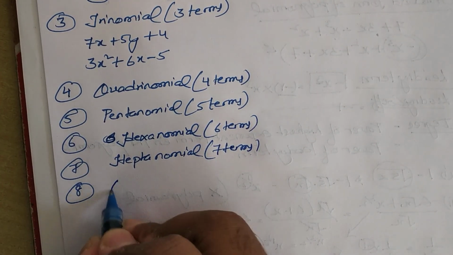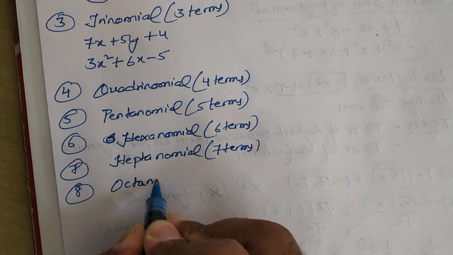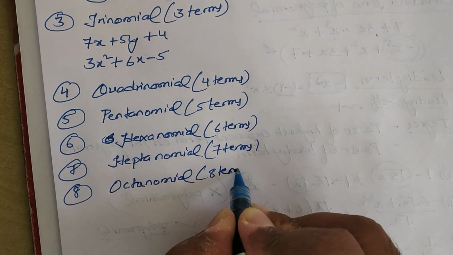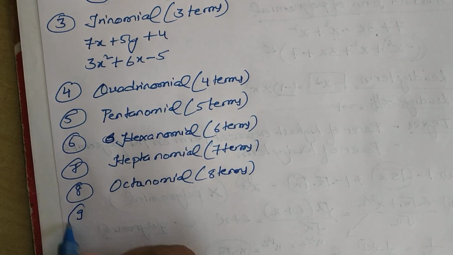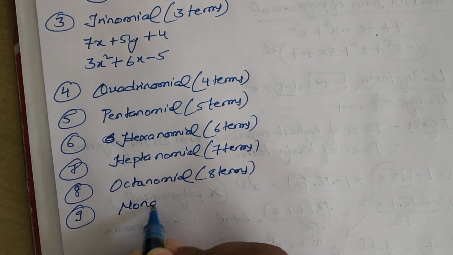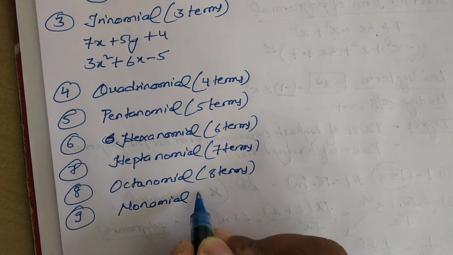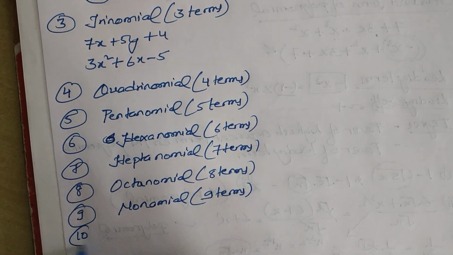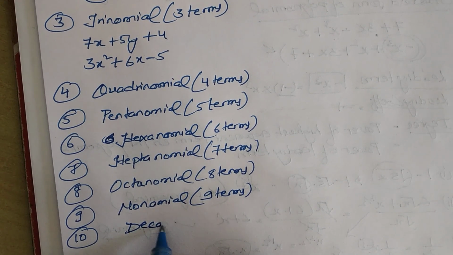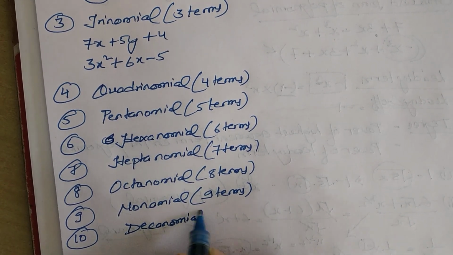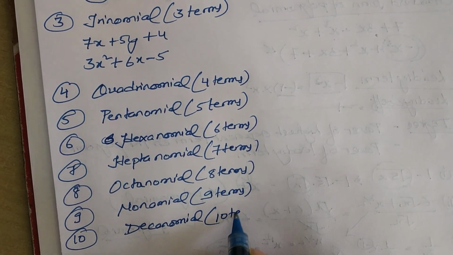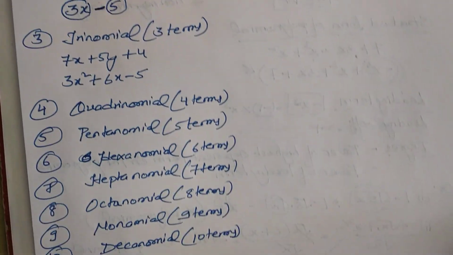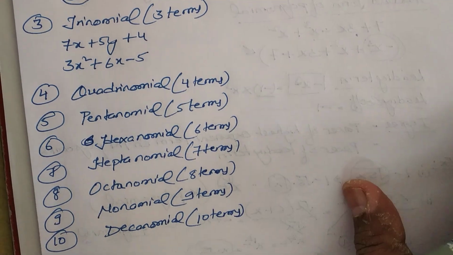Next we have octanomial, having 8 terms. Nonanomial, having 9 terms, and 10 is decanomial, having 10 terms. And later on we can proceed further also.